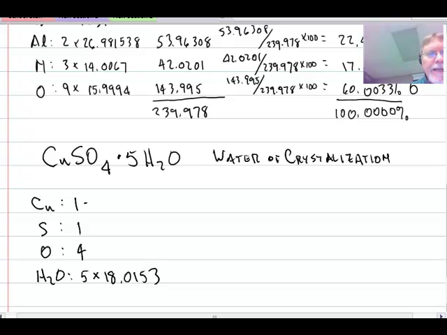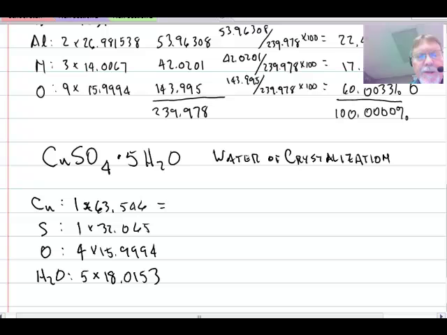Okay? Now we'll also get the rest of these. Whoops, that's times. Copper is 63.546. Sulfur is 32.065. And oxygen is 15.9994.